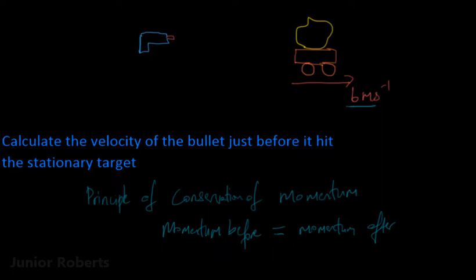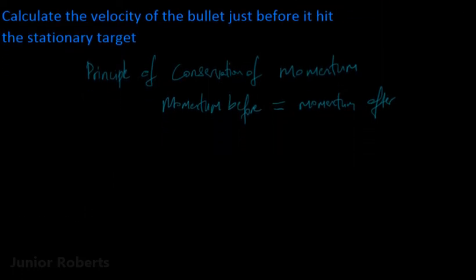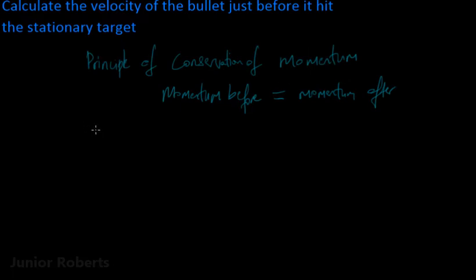To work this question, we're going to write the formula for the conservation of momentum as m1 u1 plus m2 u2 is equal to m1 plus m2 times capital V, for a common velocity.